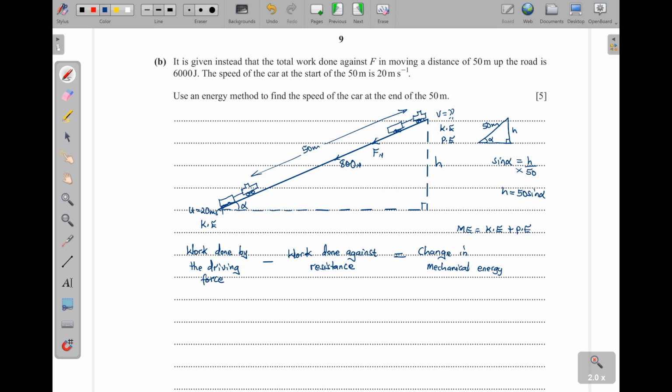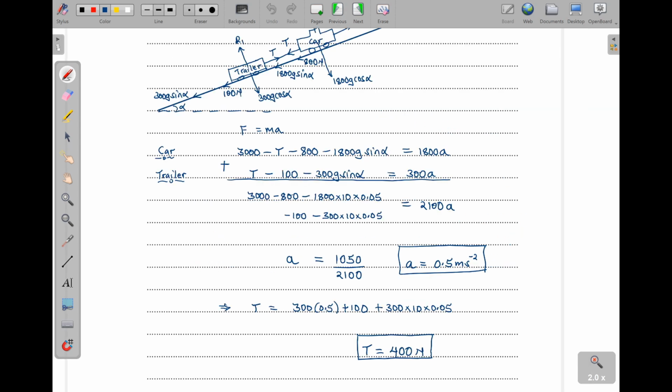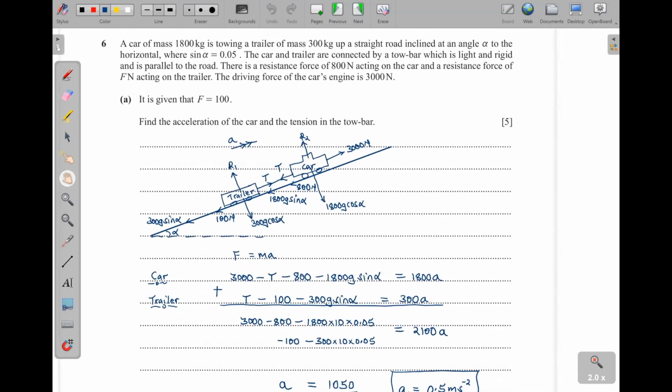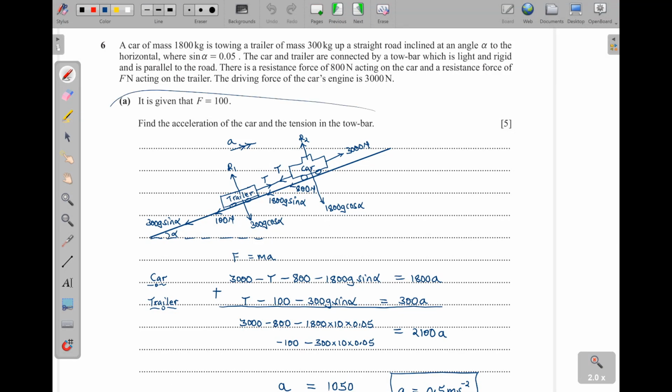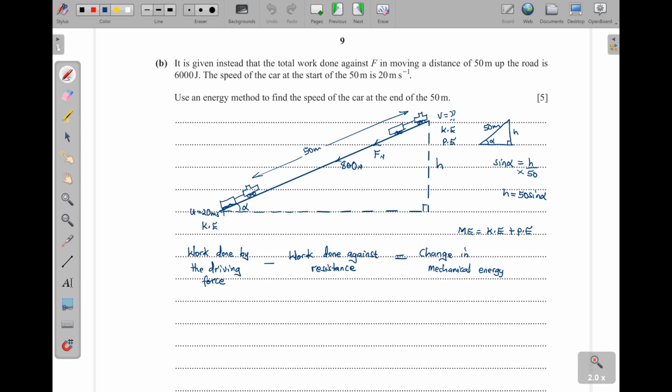Now, work done by the driving force. The driving force of this car was given here as 3,000. Okay? Remember, all of these parts are on this question here. So we have here 3,000. Then, of course, work done is force times the distance. The distance is 50. So times 50. Then minus work done against resistance. The total resistance force is going to be the 6,000.